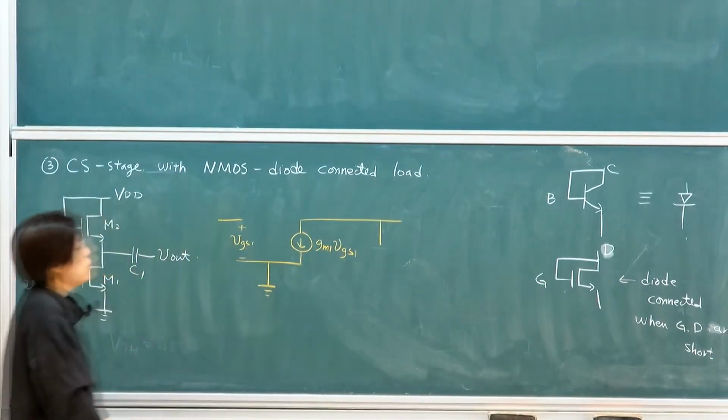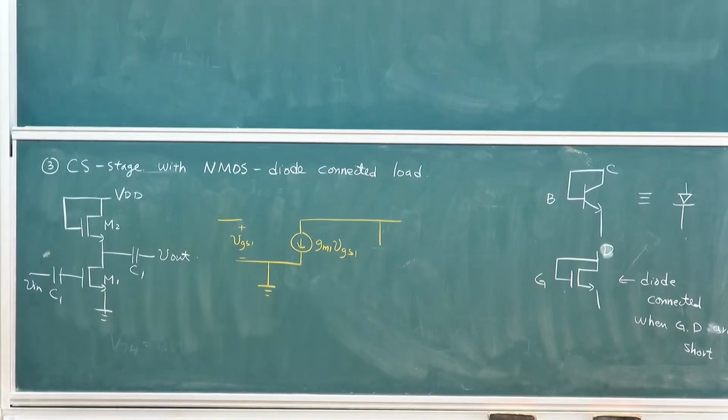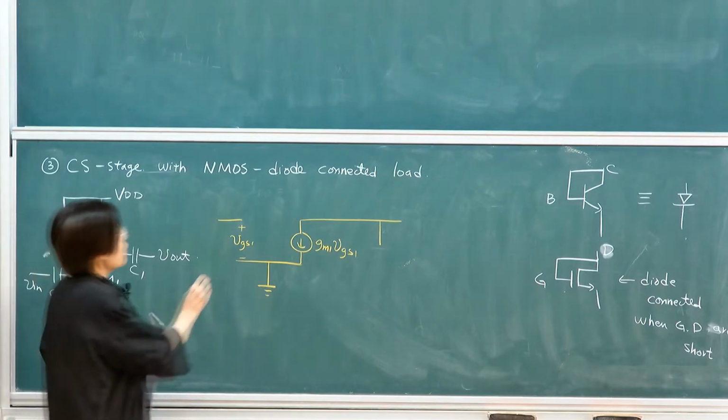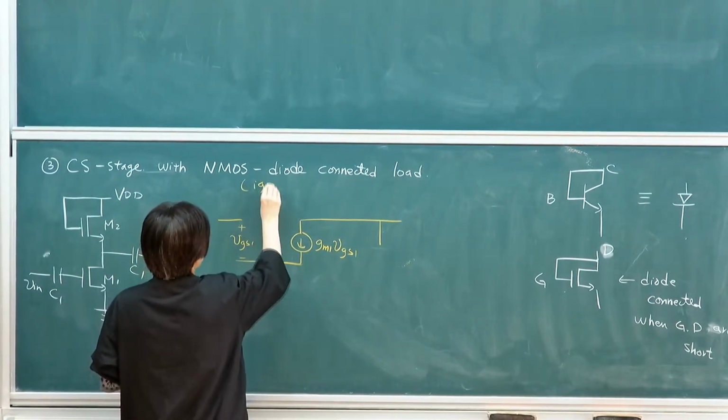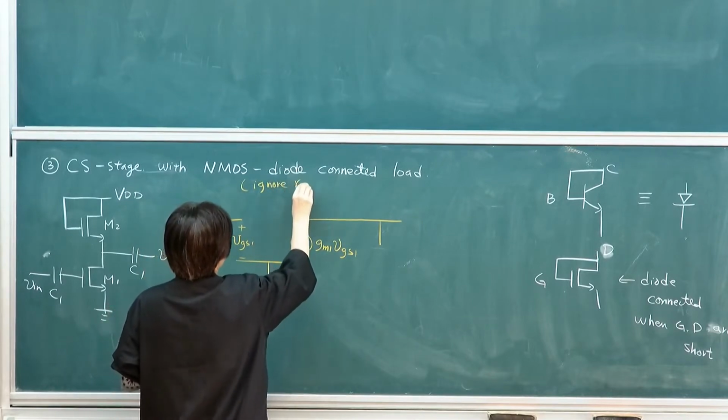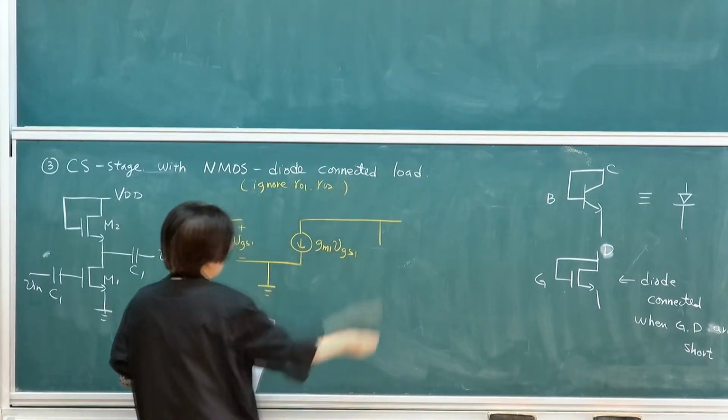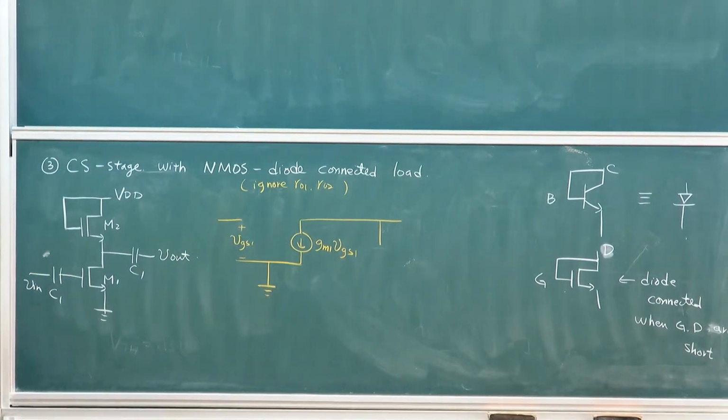You could ignore ro just to simplify the case. The main reason is because anytime you're looking into the source, that will actually give you low resistance. So this will be dominated by this diode connection. If you look at a diode, it's a low resistance component. So this creates a very low resistance, and any ro would then be negligible. So let's first ignore it. You can go back and add it back, but it would make very little difference.